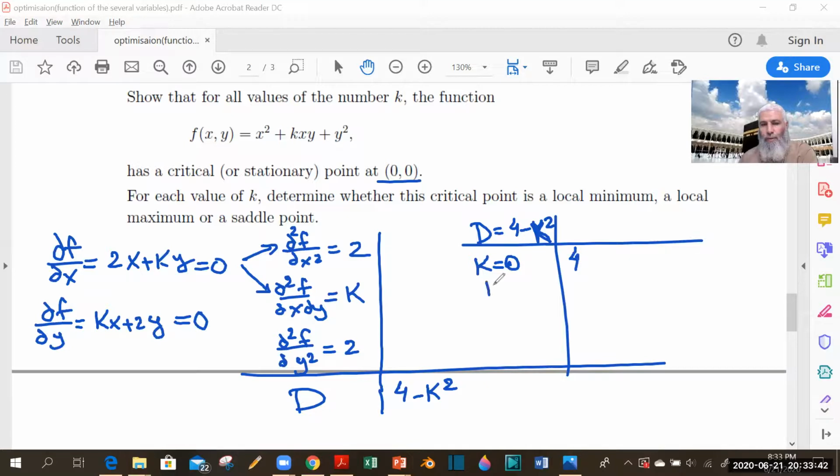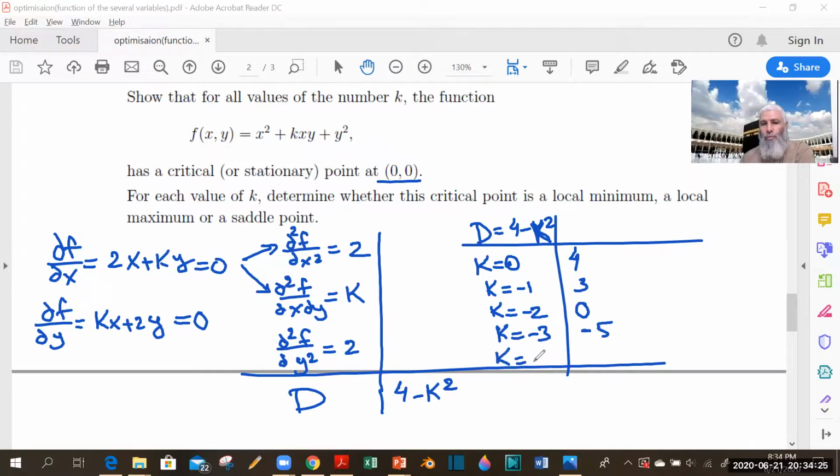And k is -1, it would be 3. K equals -2, it would be 4 minus 4, which is 0. K equals -3, it would be 9, and 4 minus 9 would be -5.